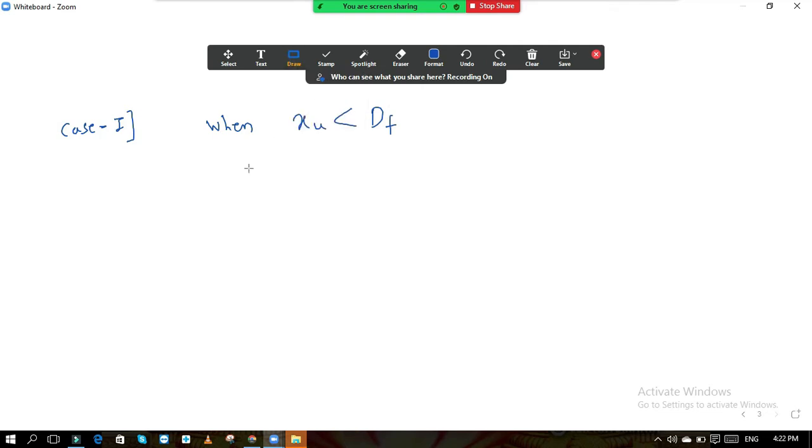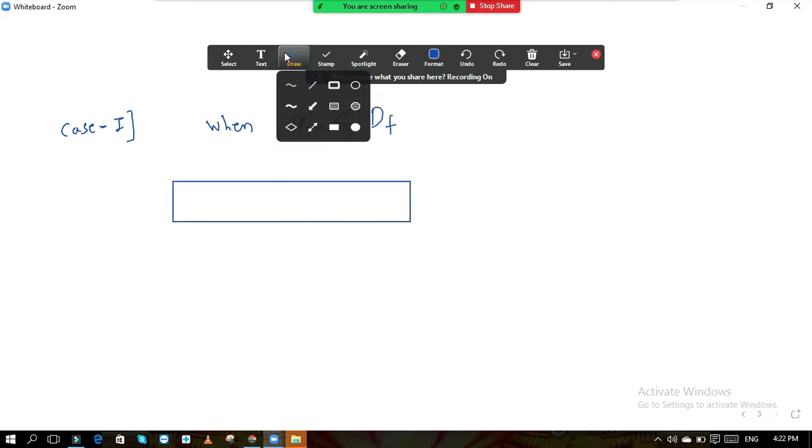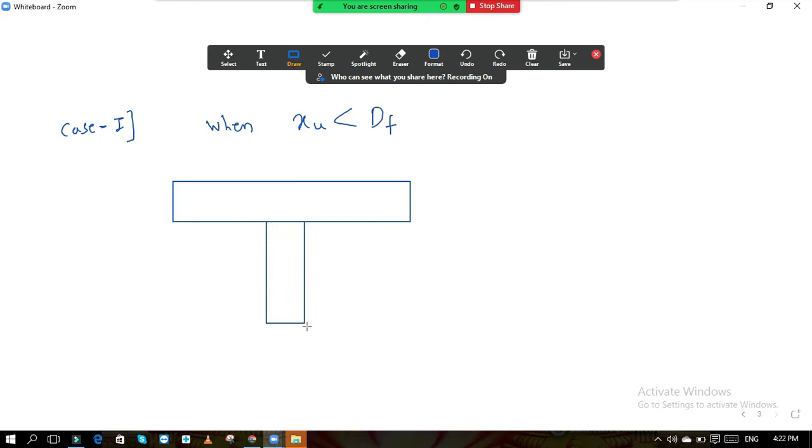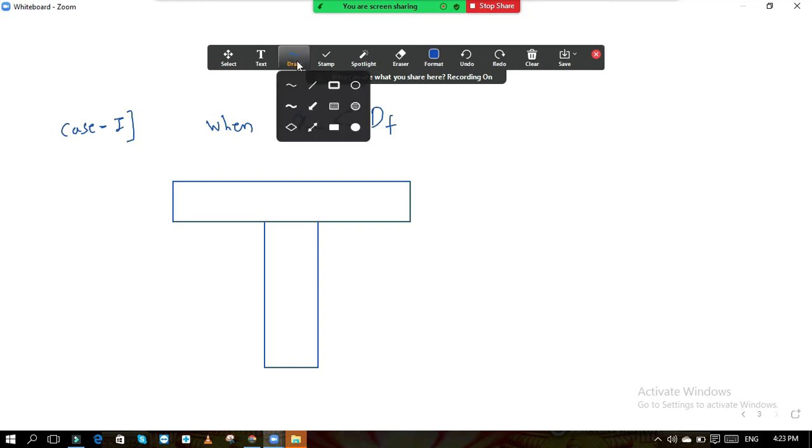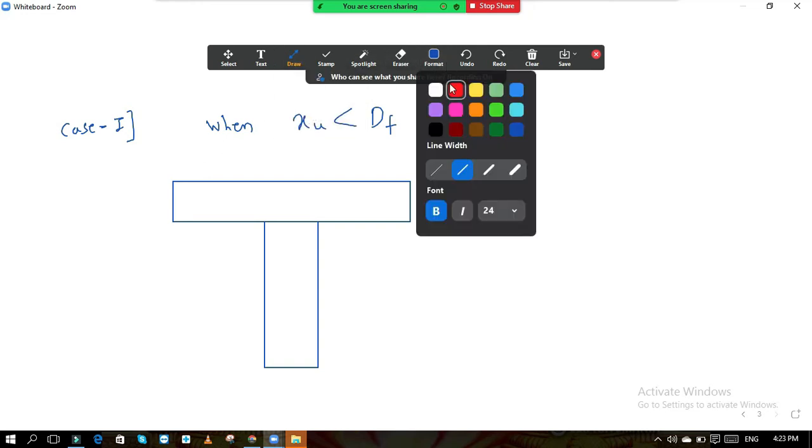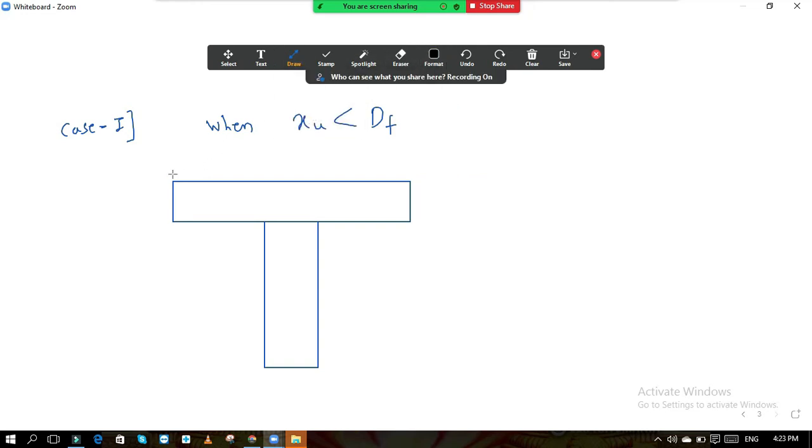Now if I draw the T section, now this is the flange. Okay, so this is the width of the flange.